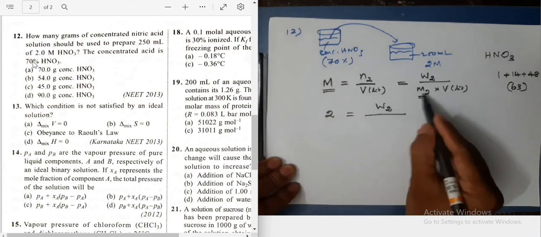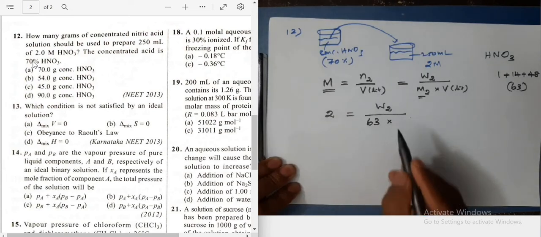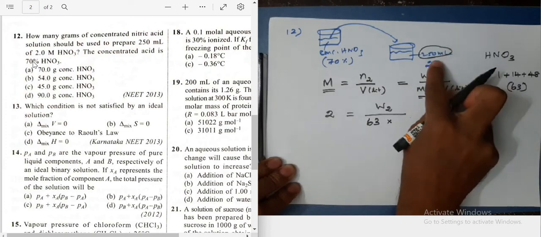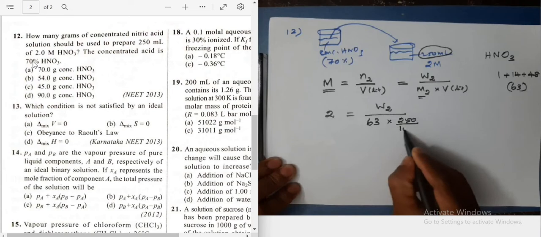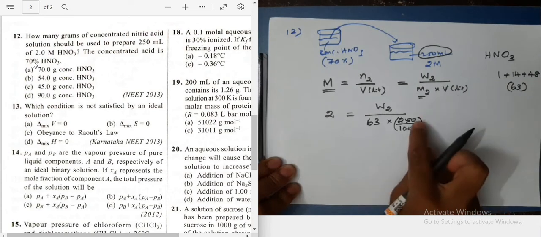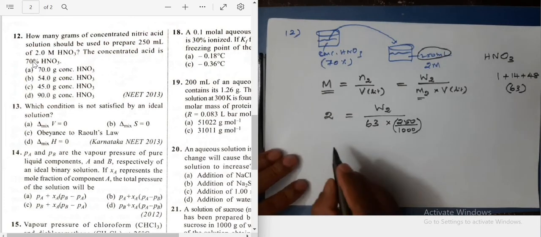So in the place of molar mass M2, I'll put 63, into volume of the solution in liter. The solution is given in ml, 250 ml, so 250 divided by 1000 to convert milliliters to liter. So what about the value of W2 now?